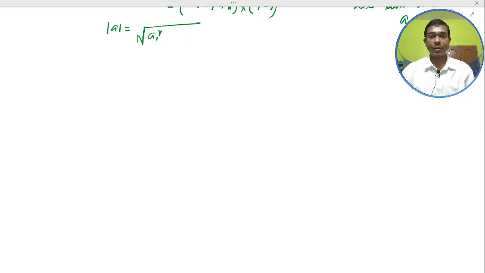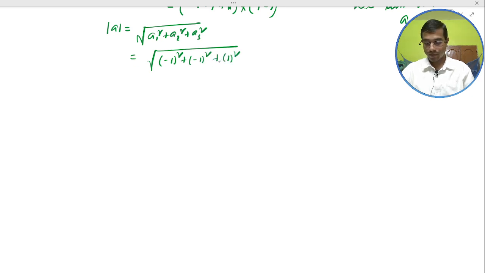Square root of A1² + A2² + A3², that is the square root of (minus 1)² + (minus 1)² + 1². So |A| equals square root 3, or |A|² equal to 3.